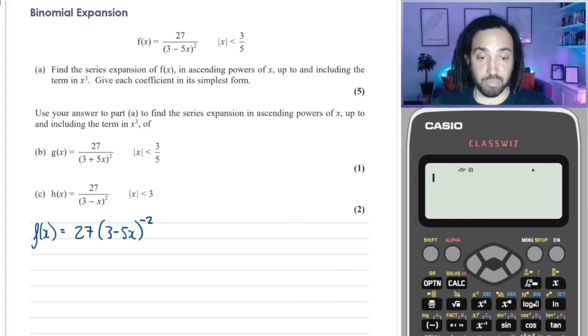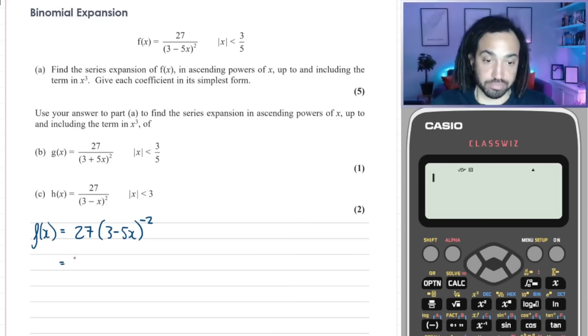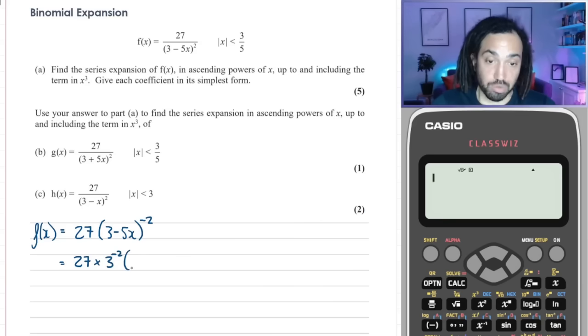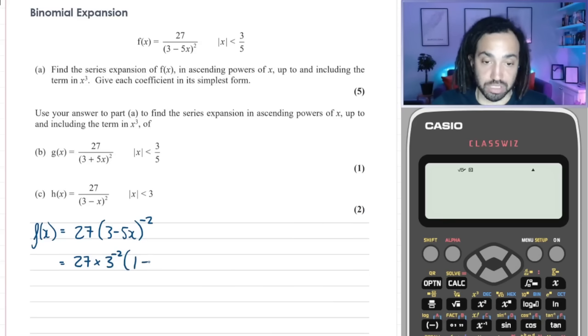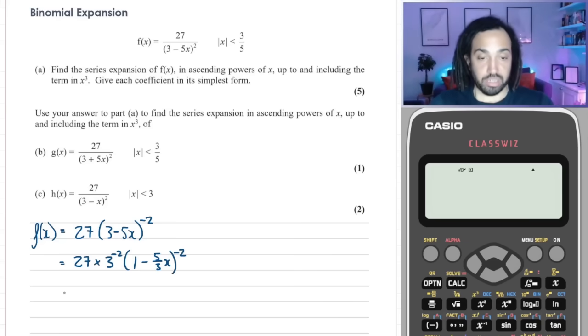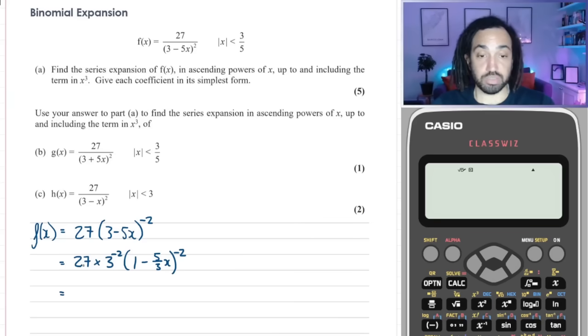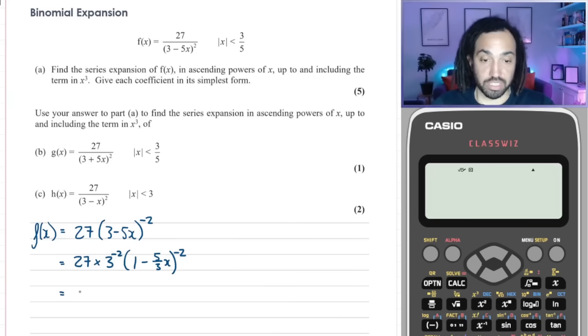Okay, then we need this term in here to be 1, so we've got to take out a factor of 3. And when we do that, we must take out the power with it. And that will allow us to divide inside the bracket by 3, which gives us this. Okay, great. Now this is 1 over 9, so times by 27 is just going to be 3.